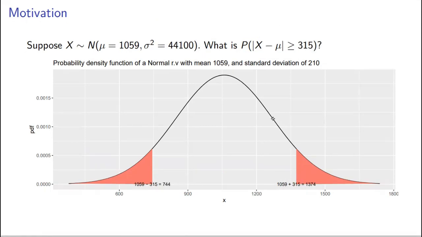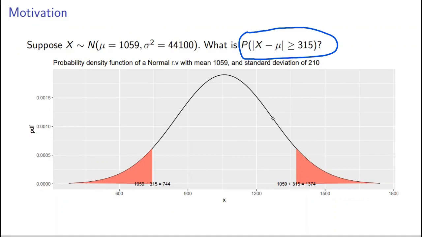To rephrase, the probability that the absolute value of X minus mu is greater than or equal to 315 means: what is the probability that a score is either 1374 or more, or less than or equal to 744, outside of 315 points from the mean in either direction.